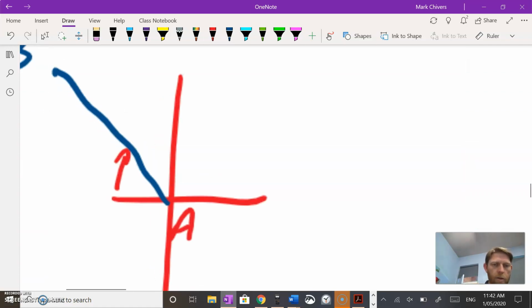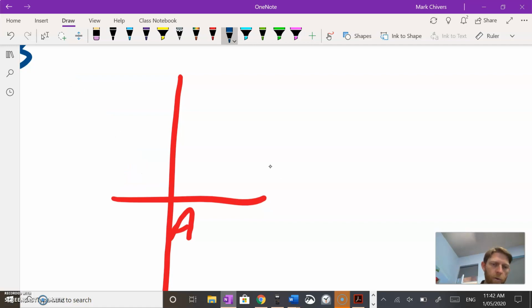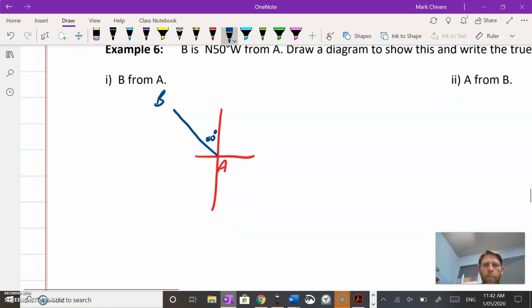My apologies. And for some reason my eraser's not working. There we go. So this angle in here is 50 degrees in those circumstances.